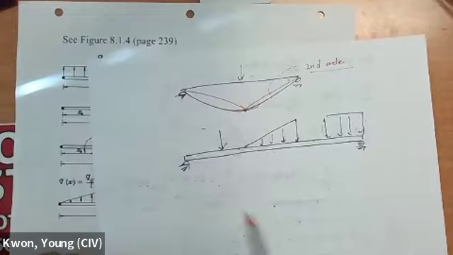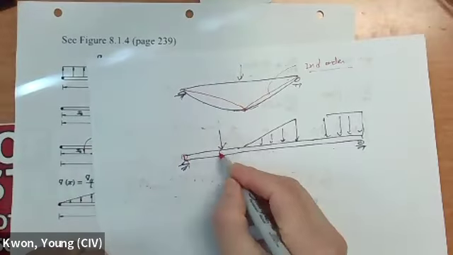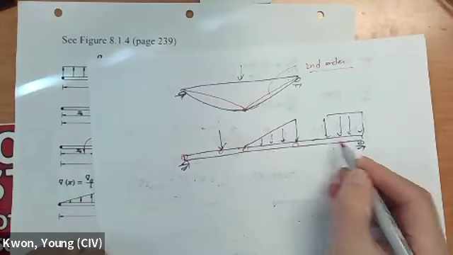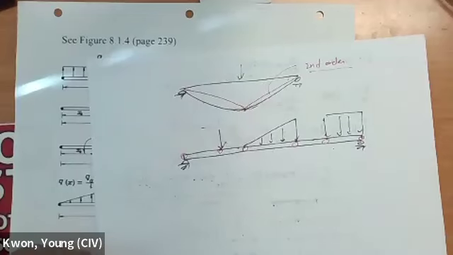As a simple case, let's say I have nodes like this, so 1, 2, 3, 4, 5 elements.